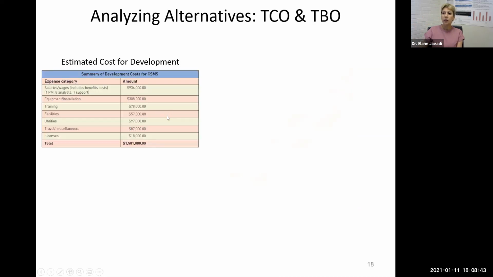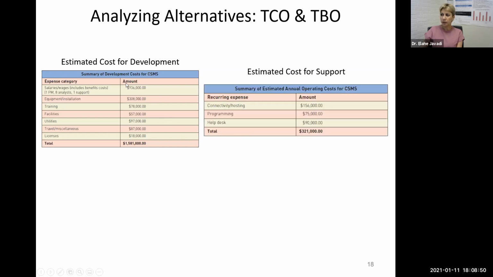And then you're going to put together more details. You're going to do cost benefit analysis. You look at the cost of development of your idea. Are you going to purchase a tool for the company and customize it? Are you going to develop something in-house? Are you going to contract out the system to a third party?